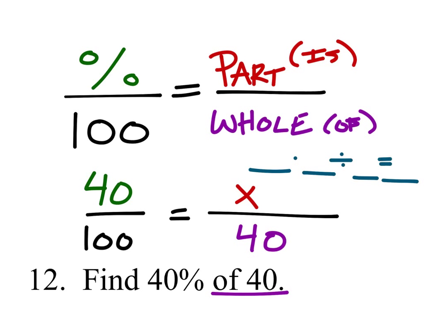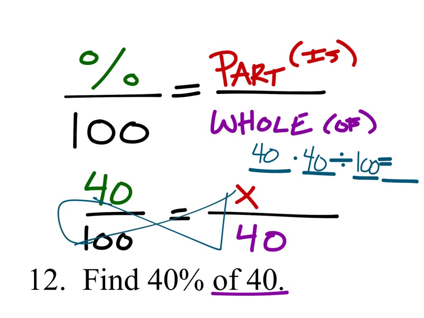Drawing the fish, from the x we go down to 40. Then we'll bring it up to this 40 right here. Swing it back down to the 100. So x, in this case, the unknown, which is the part, is 16. So the answer here is 16.